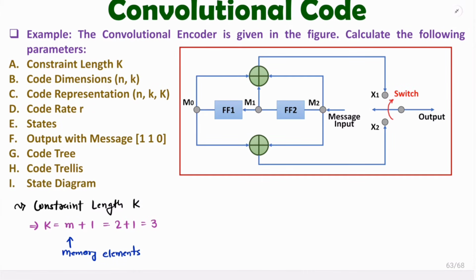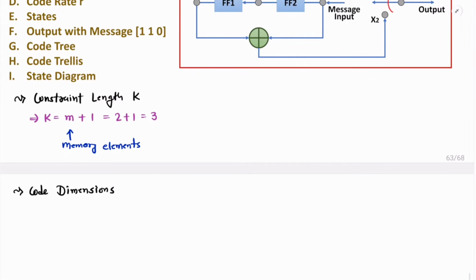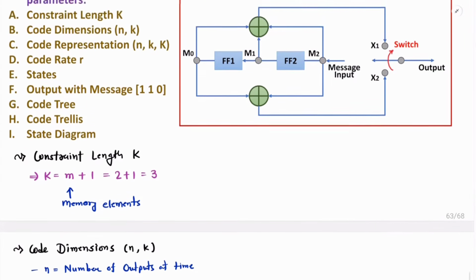Now let me explain code dimensions. See, code dimensions are represented by small n comma k. So first of all, you need to understand what is small n and what is k. See, small n is number of outputs at a time. You can observe here with this encoder, we have two outputs, x1 and x2.